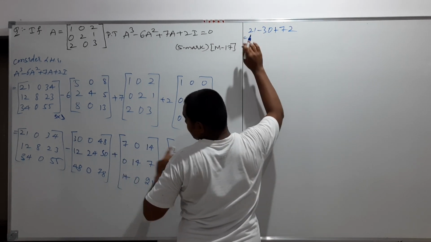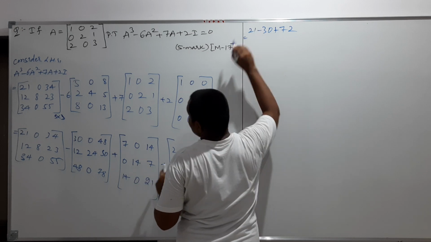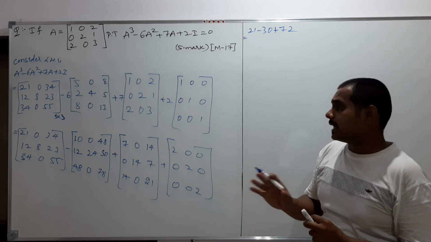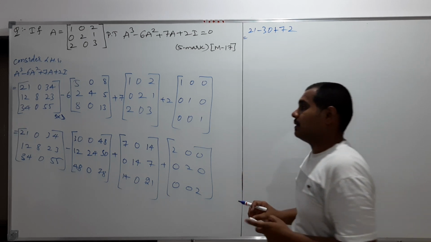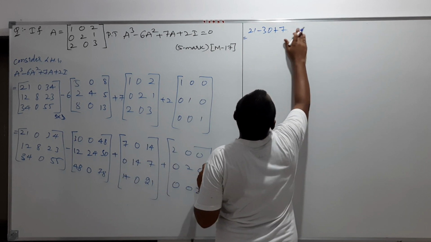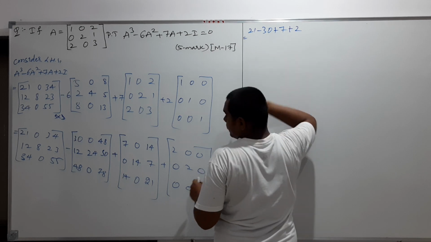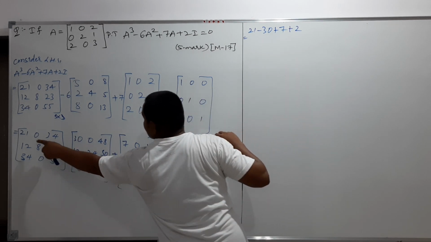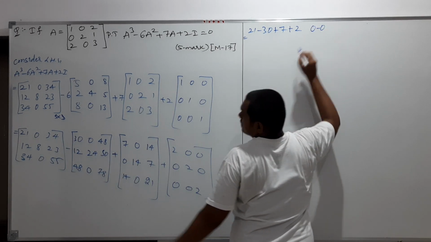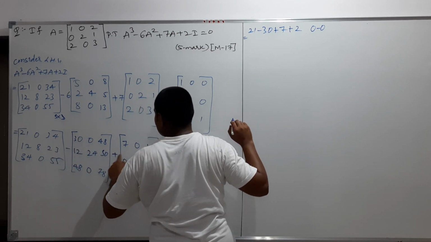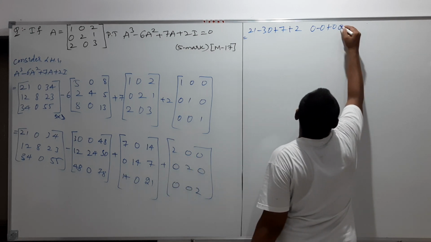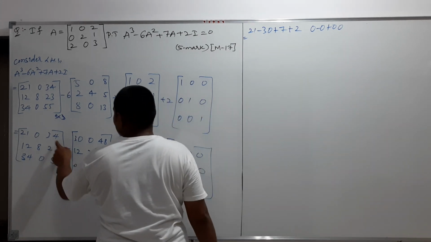Whatever given matrices we have, I am applying the operations with the corresponding elements. So next, here it is plus 7 plus 2, and next here it is 0. Next I will take the second element, 0 minus 0 minus 0 plus 0, next plus 0. Take the corresponding elements. That's it. Next, my dear students, 34 minus 48.